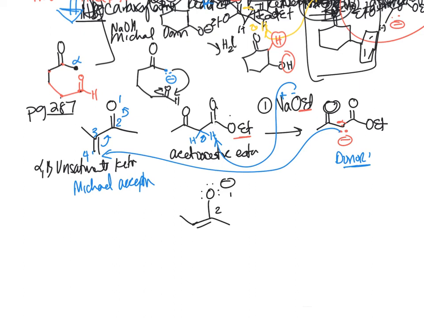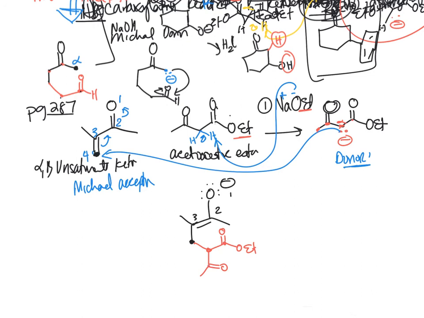1, 2, 3, 4. On the 4 position, we're adding this carbon here. And then we have 1, 2, and then we have this. And then we check carbons, 1, 2, 3, 4.